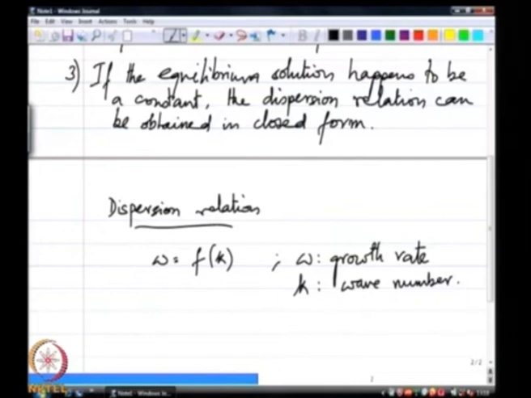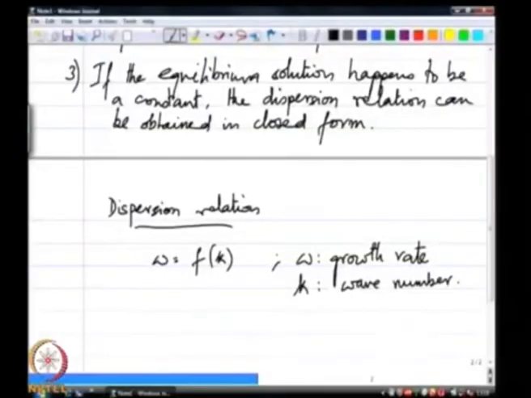This growth rate as a function of the wave number is some algebraic equation. In our case it turned out to be a polynomial, but in general it could be any algebraic equation, explicit, in some instances even implicit, but it is a closed form solution: if I give you a k, you can give me an omega, and it could be not one omega or two omegas, but many omegas.